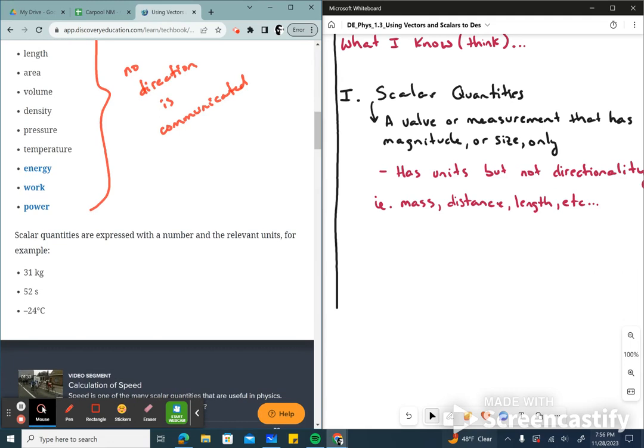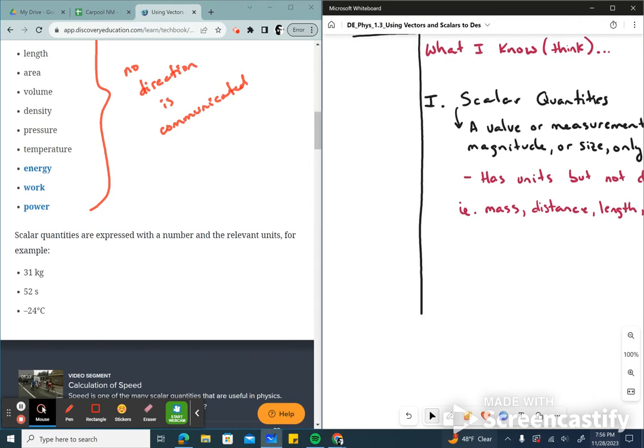Scalar quantities are expressed with a number and the relevant units. If we were talking mass, we would say kilograms. If we were talking distance, we might be talking meters.